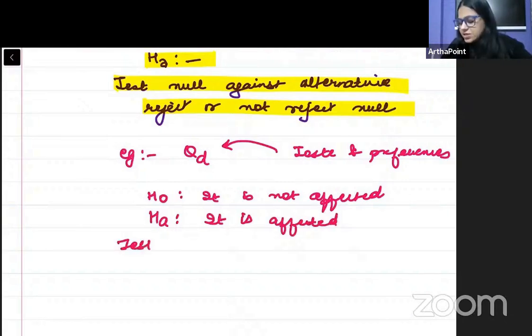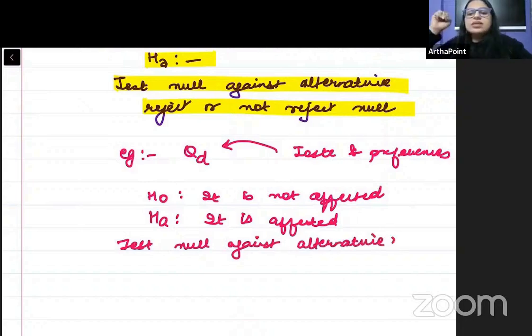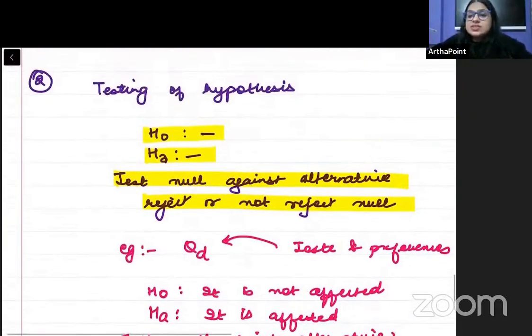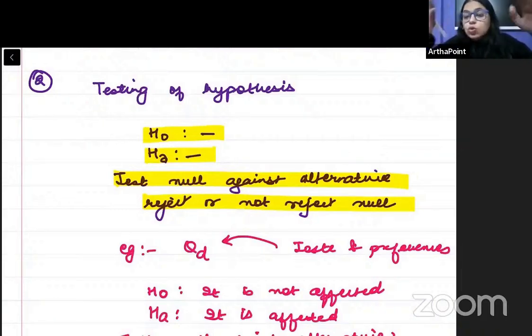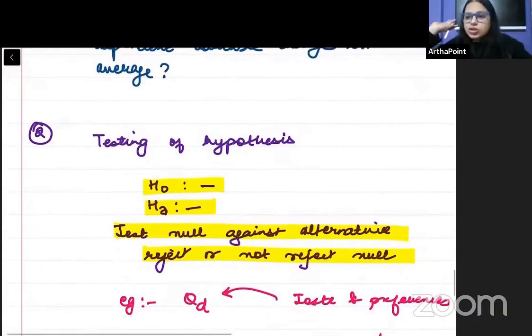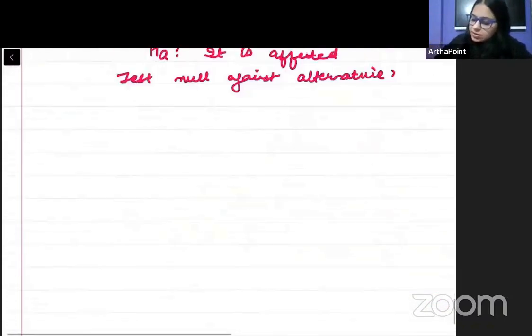I will test null against alternative. So to test whether one thing is dependent on the other or not, to do any kind of testing, to test the economic theory, that is where we will use regression. Clear? Beta, third.